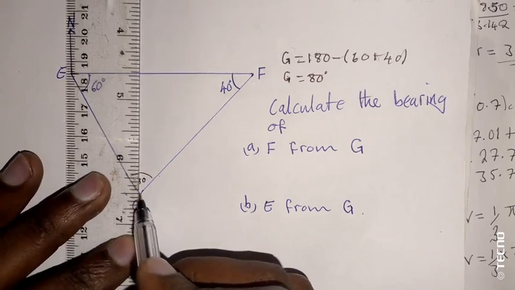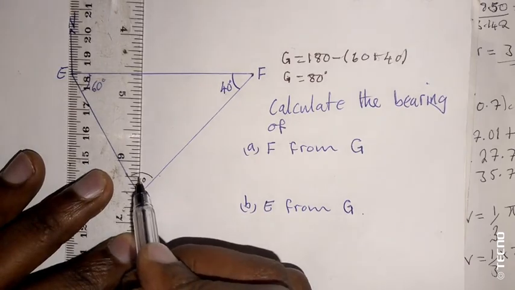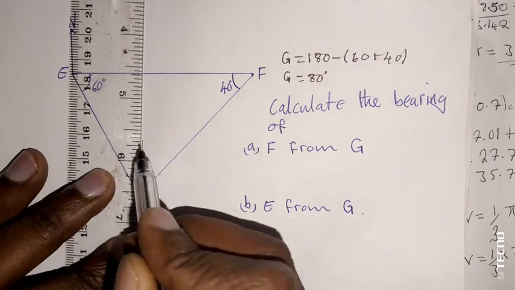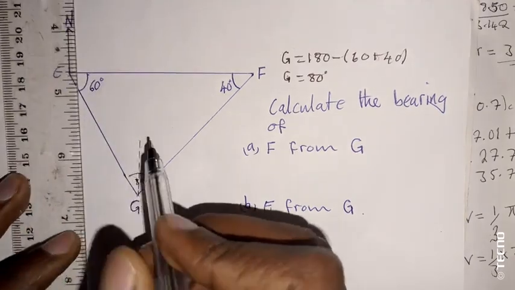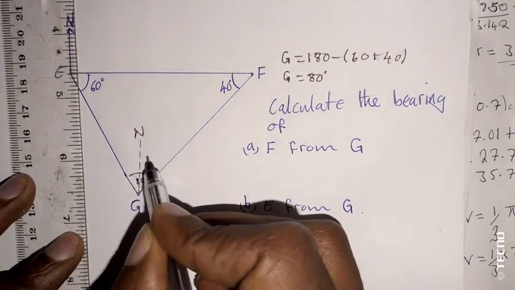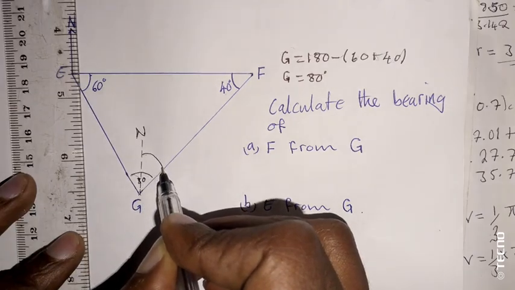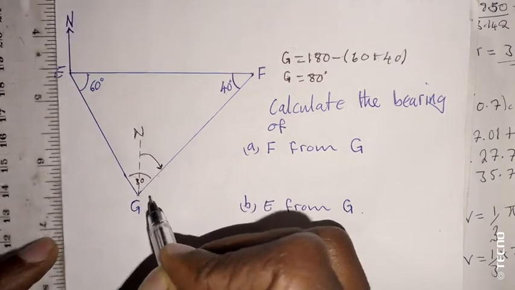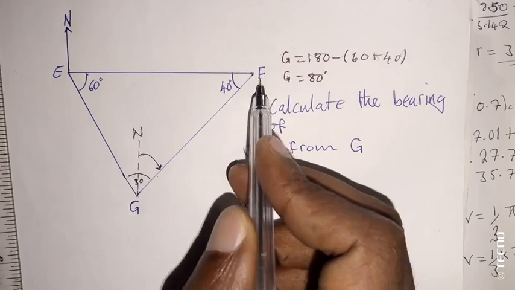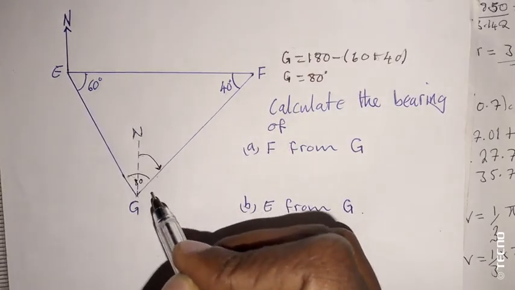It doesn't mean that once you do this, you are dividing this angle at equal distance. No. So we'll draw a line like this. So this is our north, this side. Now we'll move like this. Once you touch there, you stop. Okay, so we want to calculate the bearing of F from G. So it's this movement here.